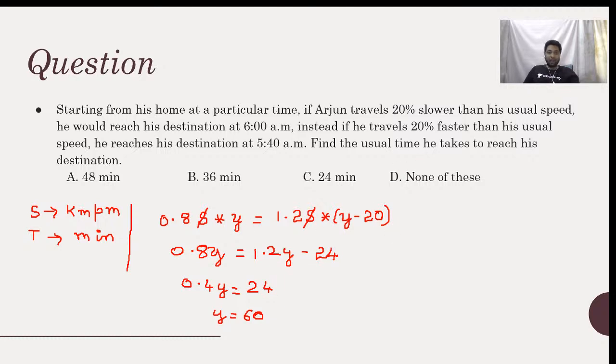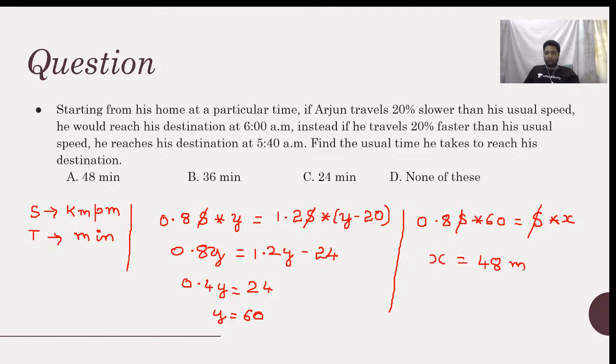y is nothing but the amount of time taken at a speed which is 20% slower. At the usual speed, we have to consider 0.8 s into 60 is equal to s into x, which means x will be my answer because at his usual speed, he will take x minutes. s and s get cancelled out. x is equal to 48.